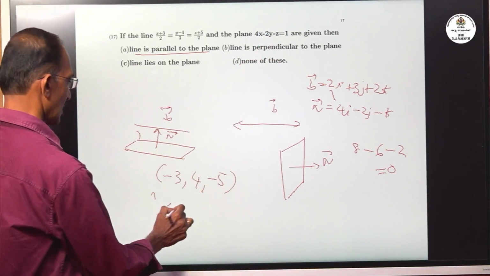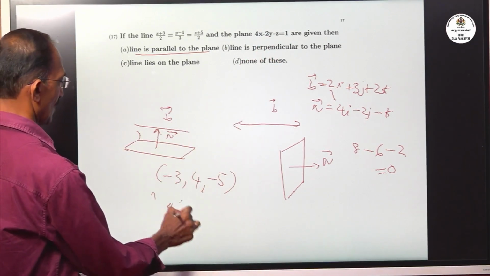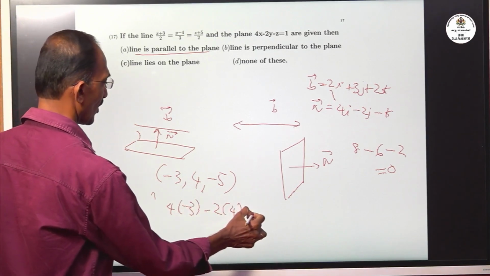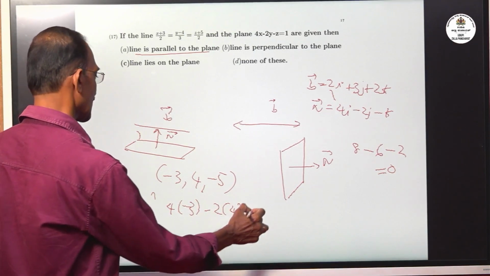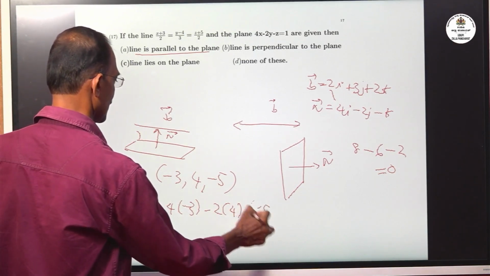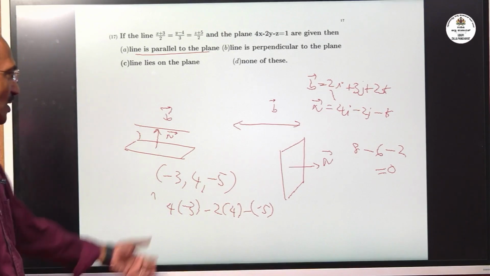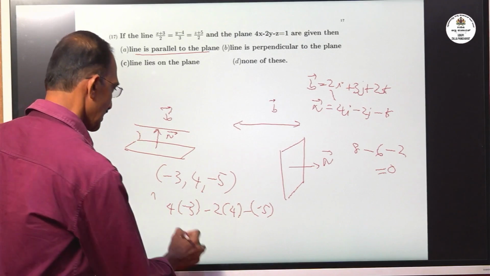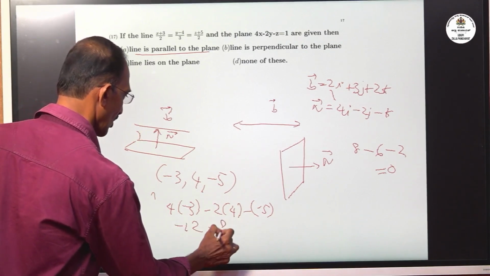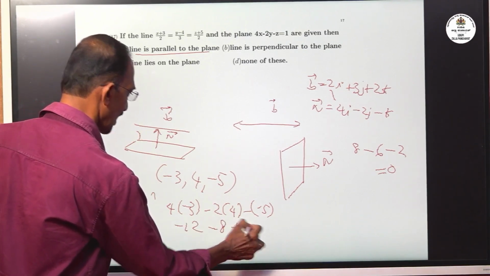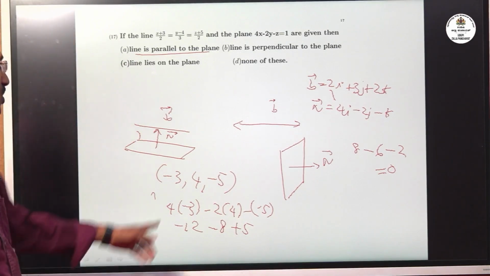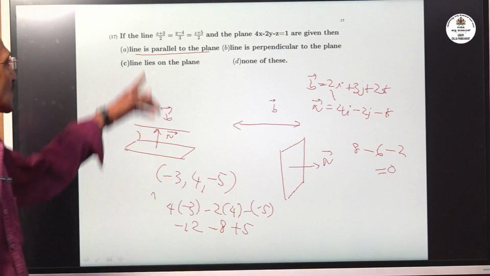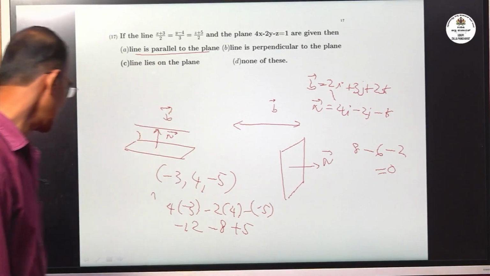Just observe, 4 into -3 minus 2 into 4 minus z, that is minus of -5. Whether that equals 1: clearly it is -12, then -8, and plus 5, which is not equal to 1. So clearly the option that the line lies on the plane fails. So the line is parallel to the plane.